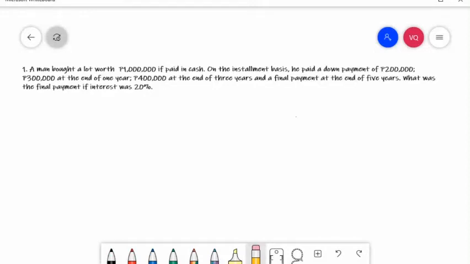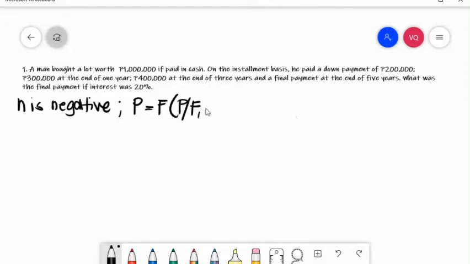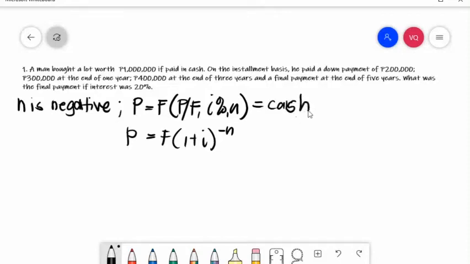Remember, if our n is negative, our equation will be P equal to F, P slash F, i percent n, or P equals F times 1 plus i raised to negative n, and this is cash inflow from right to left.